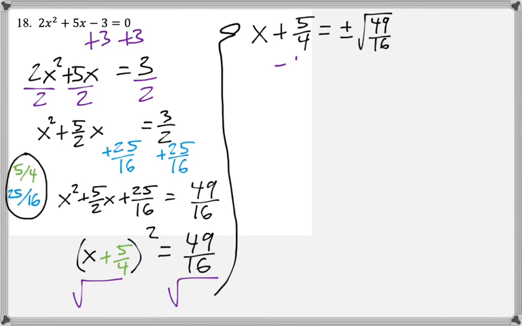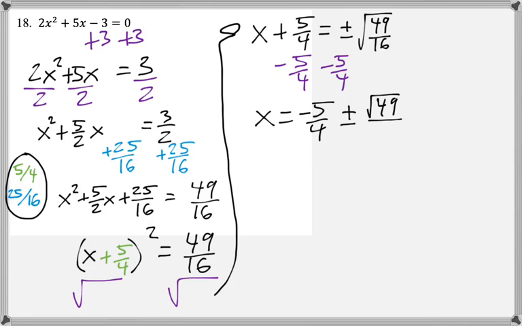So I'm going to subtract 5/4 from both sides. And I'm going to split up that radical because I can take the square root of both the top and the bottom because they're both perfect squares.